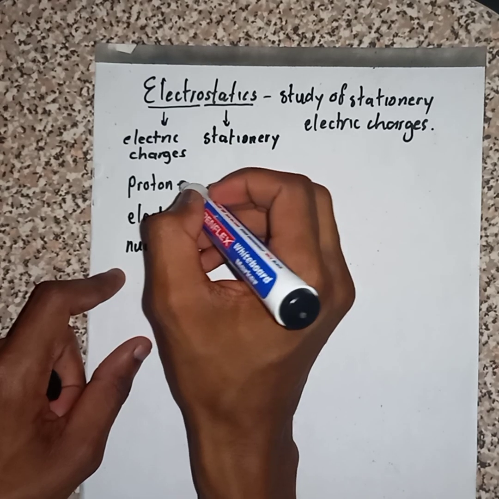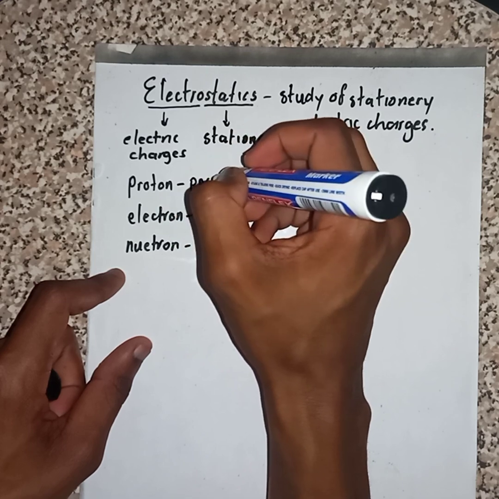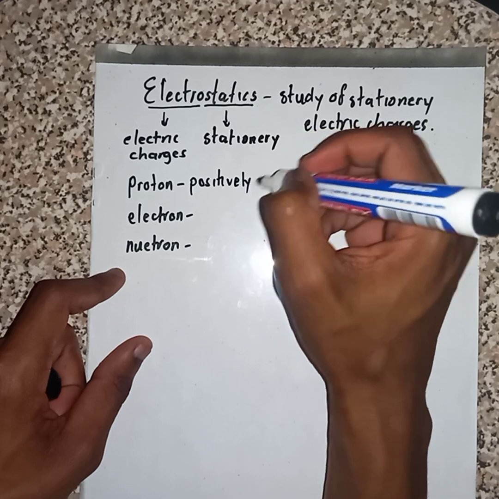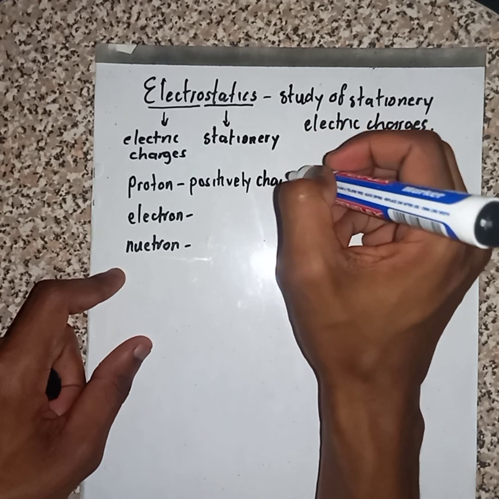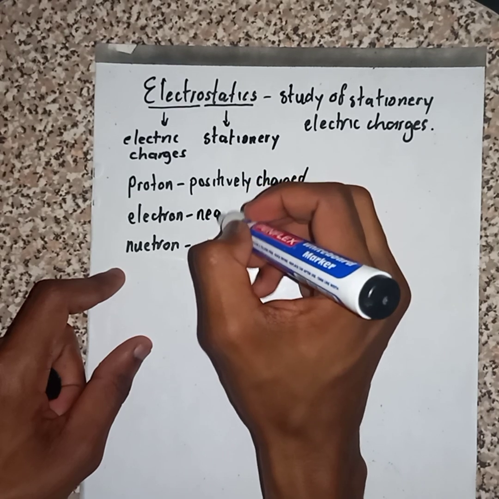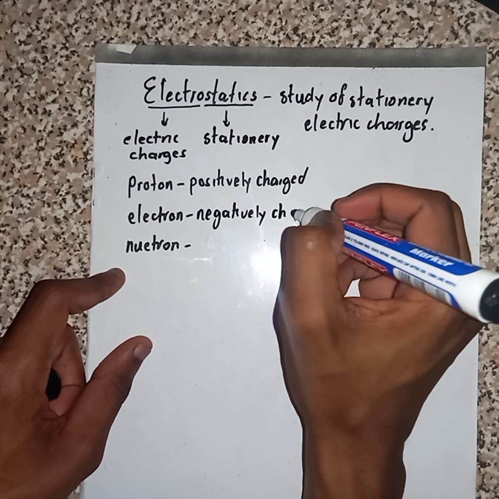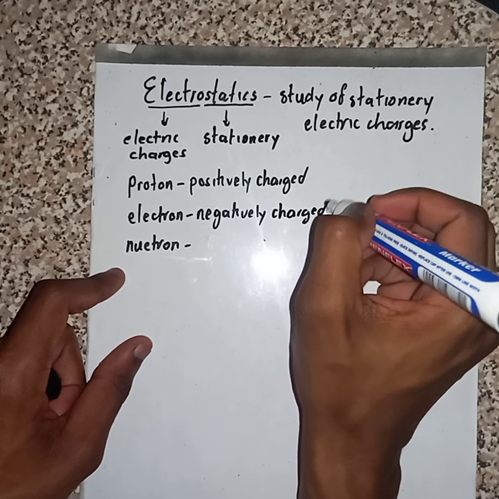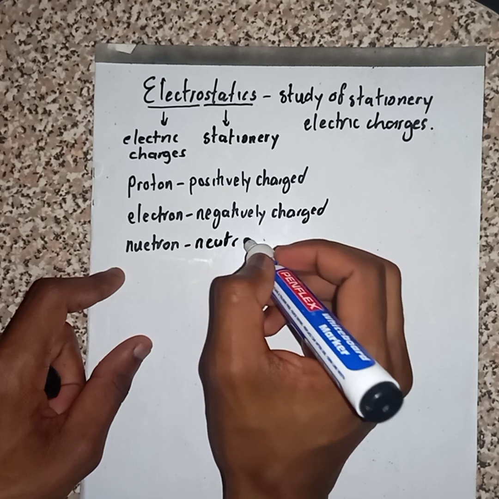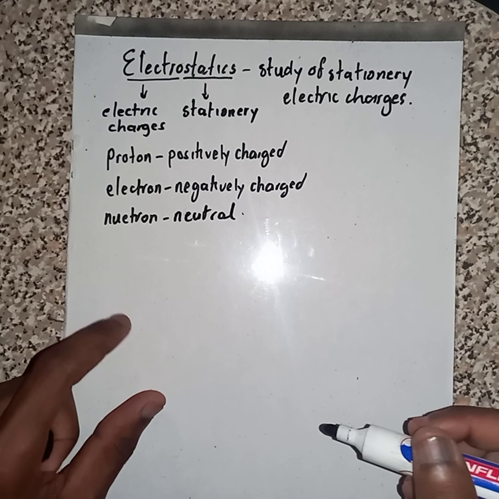Protons are positively charged, electrons are negatively charged. Lastly, neutrons are neutral.